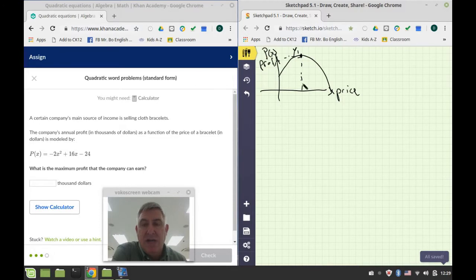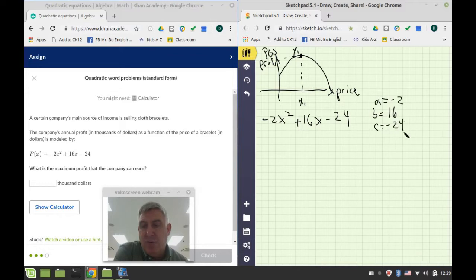So we're going to need to find x1 first, and then substitute and find y1. So we know that, let's see, negative 2x squared plus 16x minus 24. I know that a is negative 2, I know that b is 16, and I know that c is negative 24, but we don't need c for this part because we really just want to find the axis of symmetry.